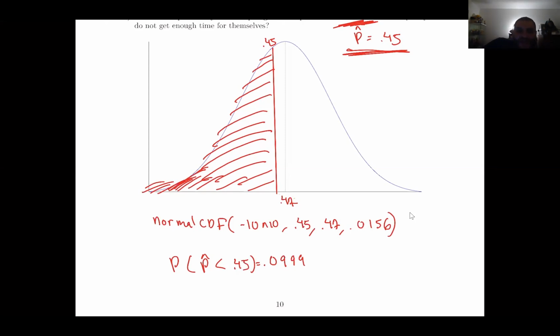So the probability that less than 45% of them will say they don't have enough time for themselves, there's only a 10% chance of that happening. So it's kind of telling you it could happen, but it's more likely that you get a number bigger than 45%. All right, but that's it for that. Any question in regard to that last problem?